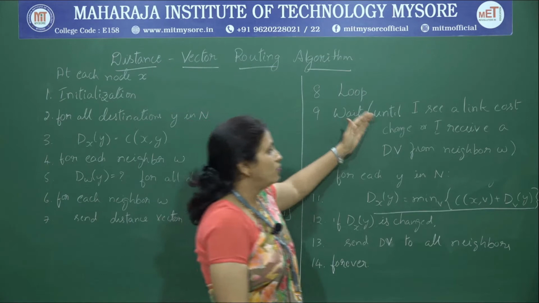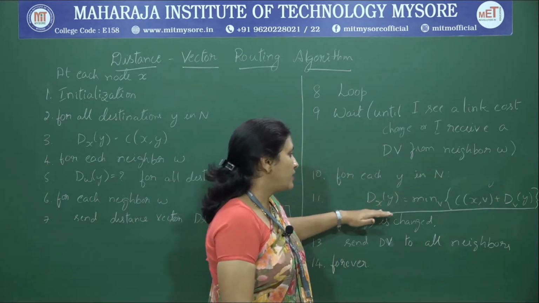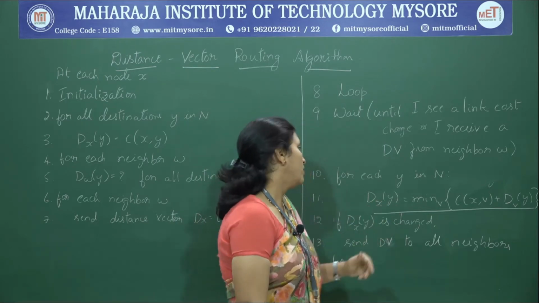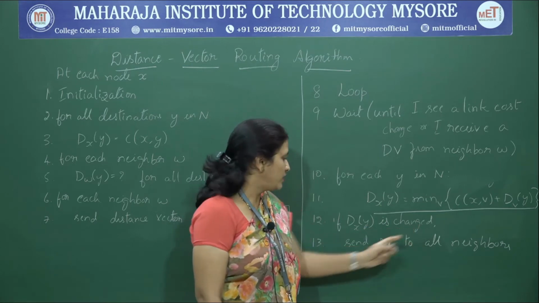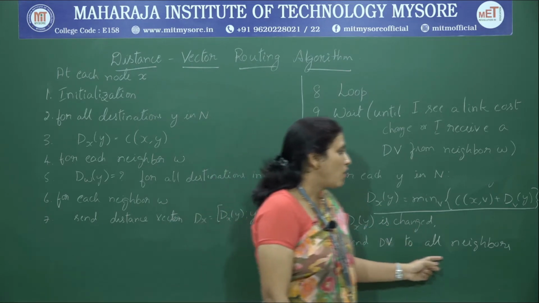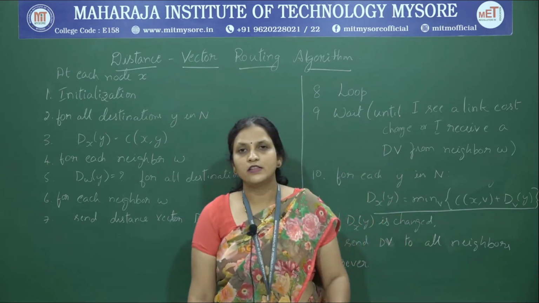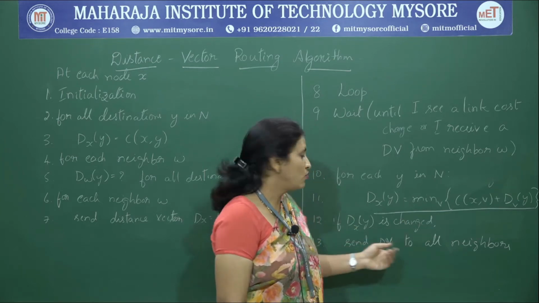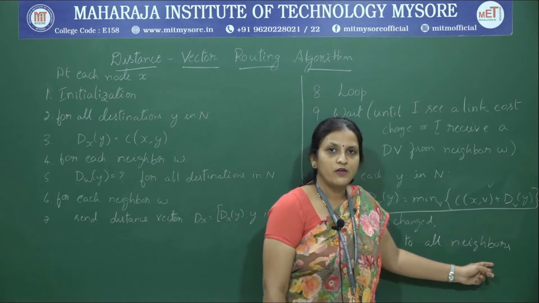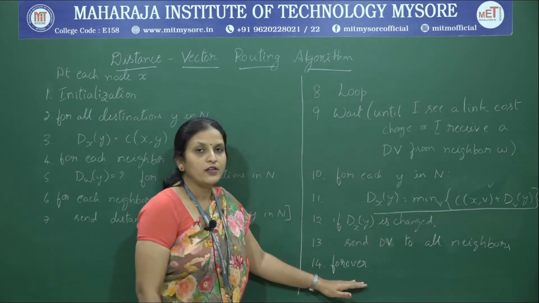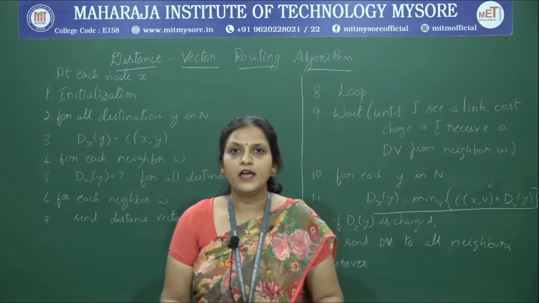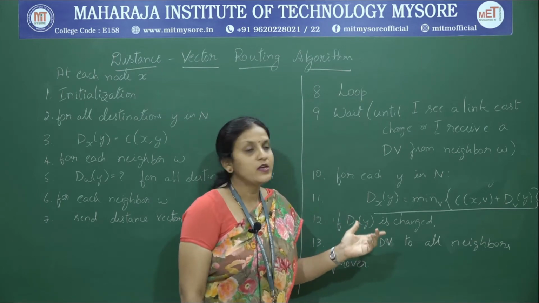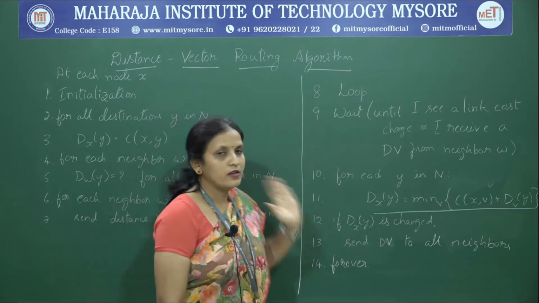So, after getting new information from its neighbors, if there is any change after calculating the distance vector, then send the distance vector to all the neighbors. If there is no change, there is nothing to do. If there is any change, inform the neighbors by sending a distance vector, and keep on doing this forever. This converges at some point in time when no change happens at the network level. So, this is how the distance vector routing algorithm works.